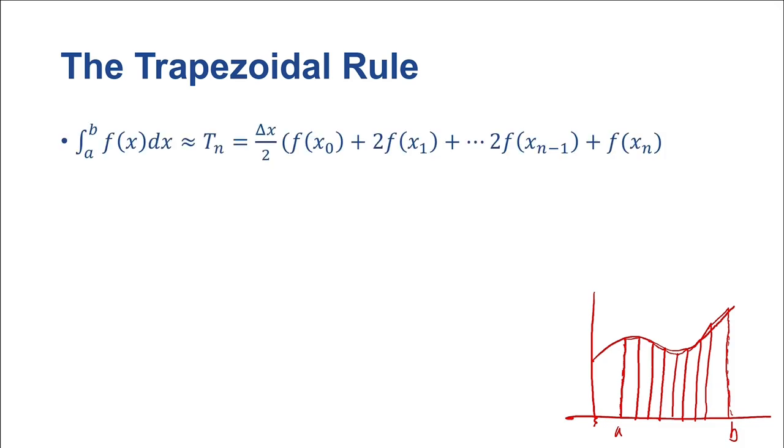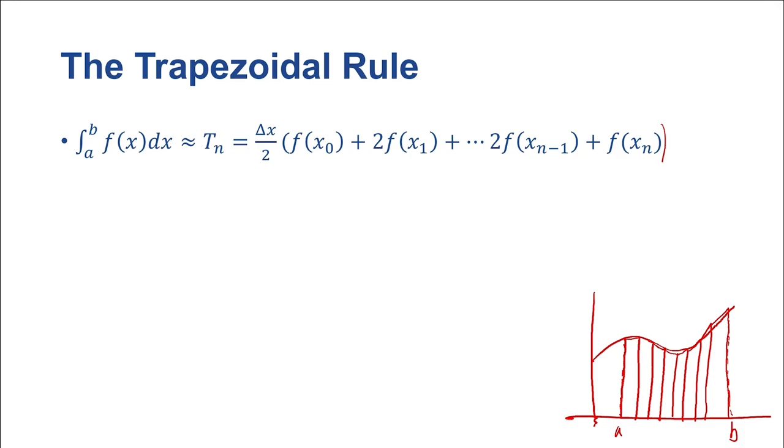So the trapezoidal rule says that the integral between a and b of f of x dx is approximately equal to the nth trapezoidal sum, which is equal to delta x over 2 times f of x naught plus 2 times f of x sub 1 plus all the way up to 2 times f of x sub n minus 1 plus f of x sub n.